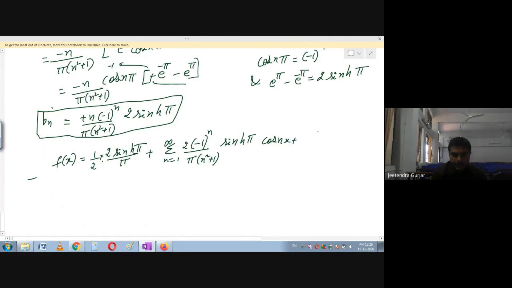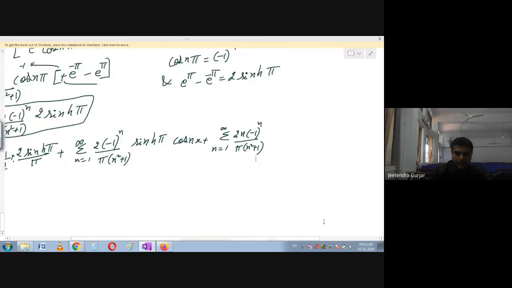Plus summation n 1 to infinity, and here we are going to substitute the bn formula. So that is 2 n minus 1 raised to n upon pi n square plus 1. Is it clear?